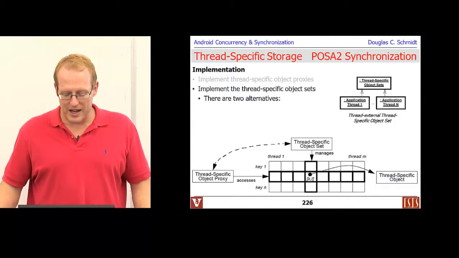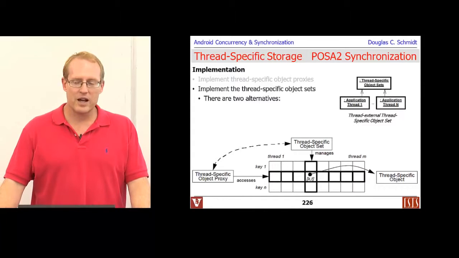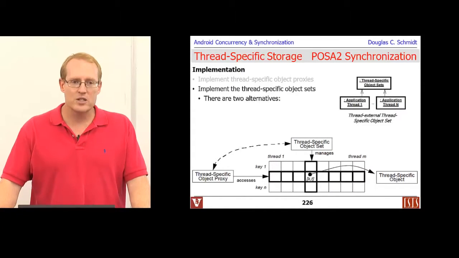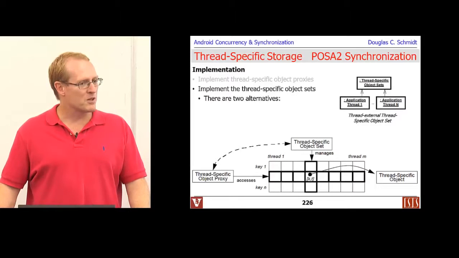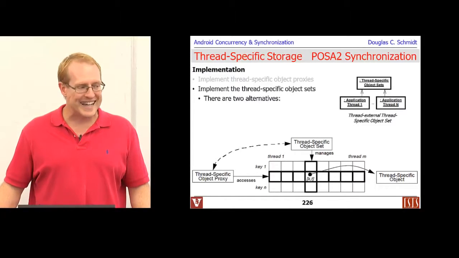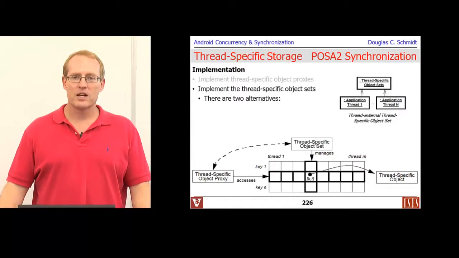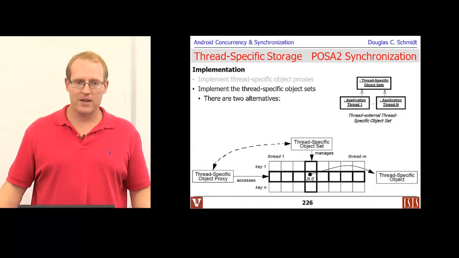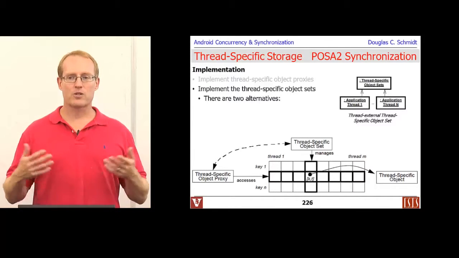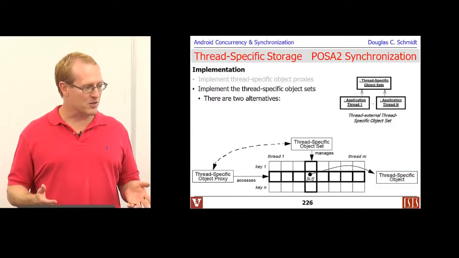The other way to do it is to have external thread-specific object sets. You would typically do this if you were trying to emulate thread-specific storage in an environment that did not natively support it. For example, some earlier implementations of embedded operating systems, like early versions of VxWorks, lacked thread-specific storage.